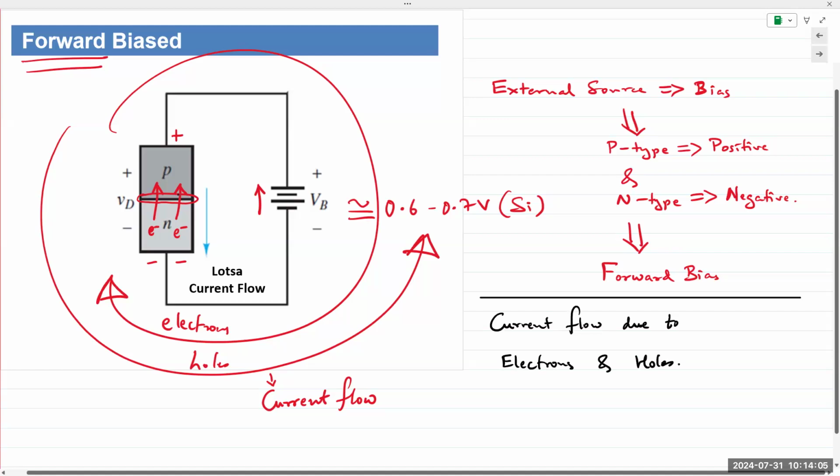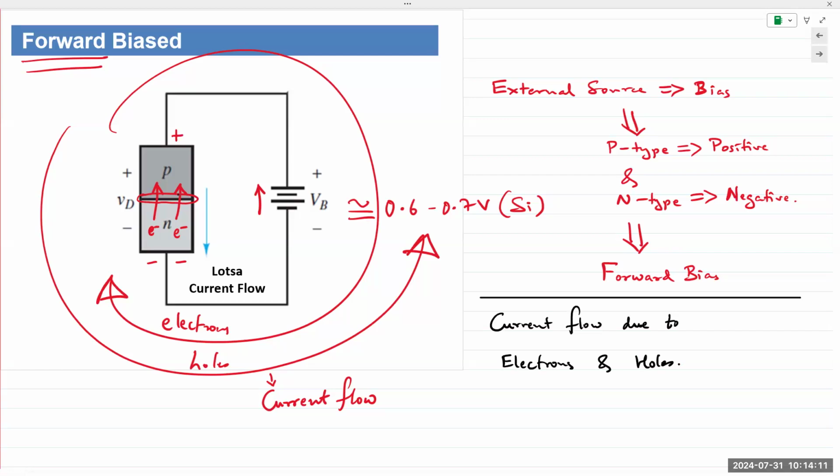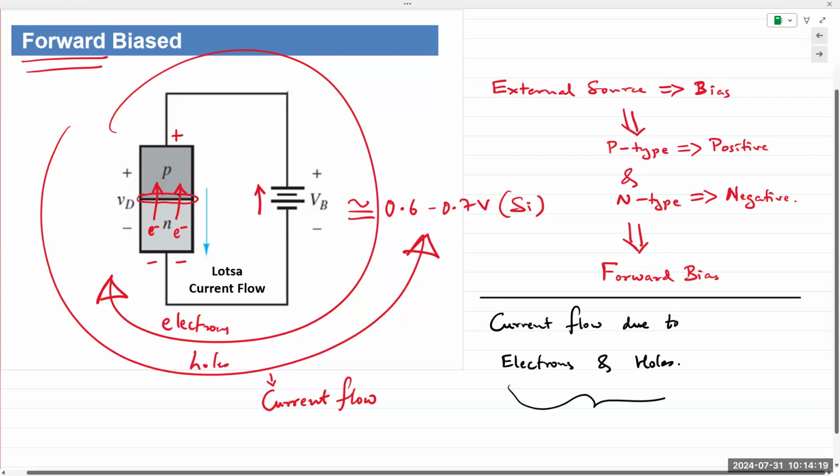So when electrons and holes move in a circuit, they are carrying charge, they are transferring electrical energy from one point to another point. So they are known as charge carriers because they carry charge.